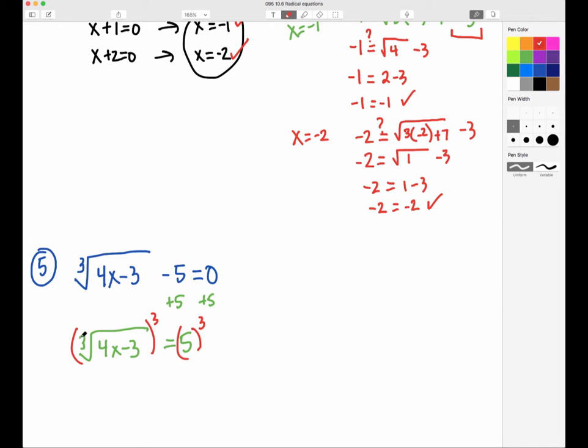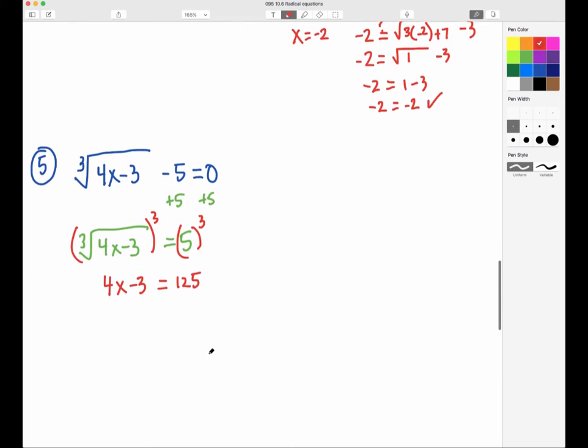So the cube root and the cube cancel each other out. We get 4x minus 3 for an answer. And then we have 5 to the third power, so it's 5 times 5 times 5, which is 125. All right, we need to solve for x. This is linear, so only one x, so there's one solution.